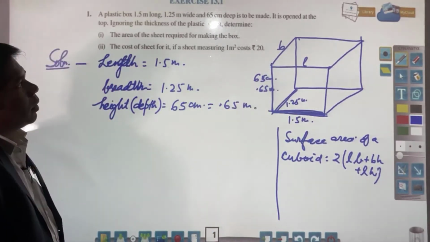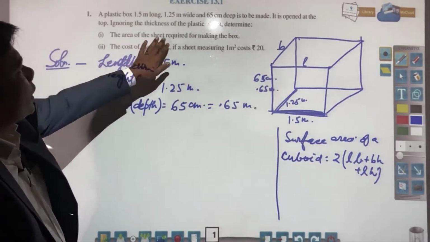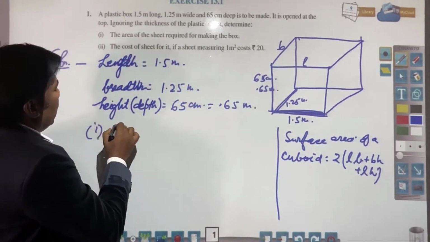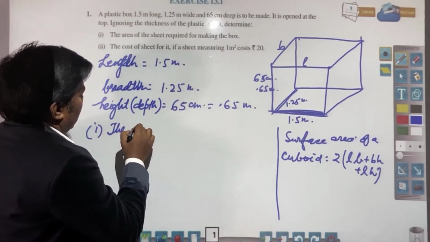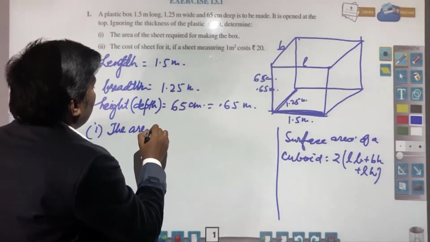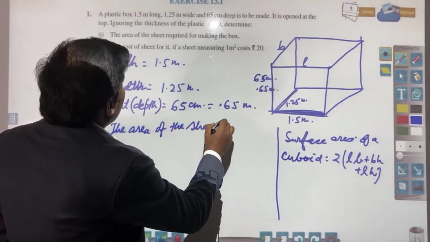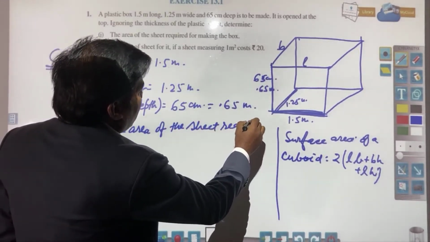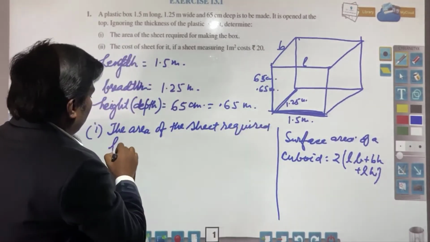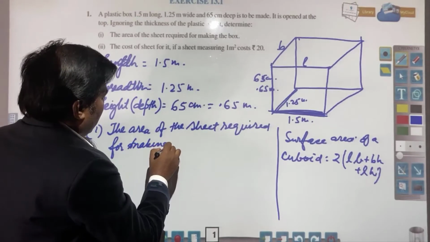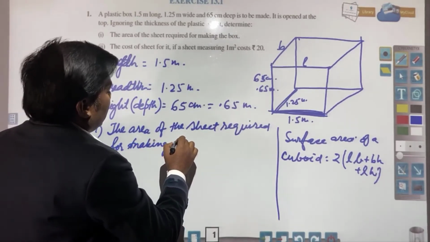Now the area of the sheet required for making the box.